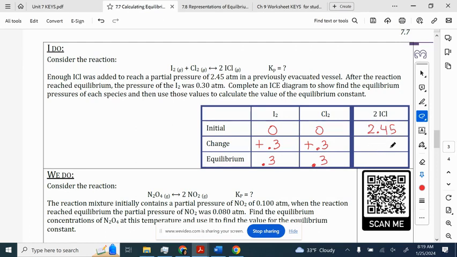What do we do to figure these values out? Okay, so that's going to be 0.6. And what am I going to do with that? I'm going to subtract it because I'm using some of this up to make this stuff.